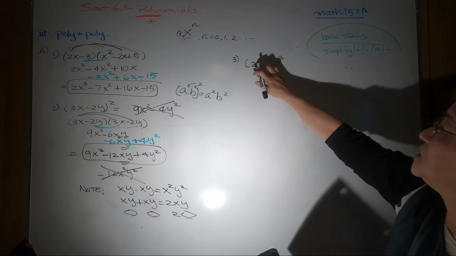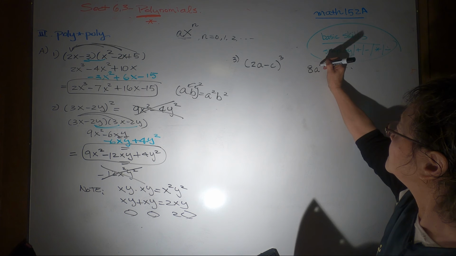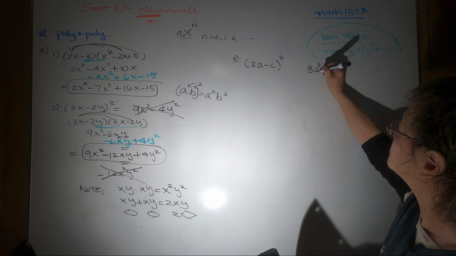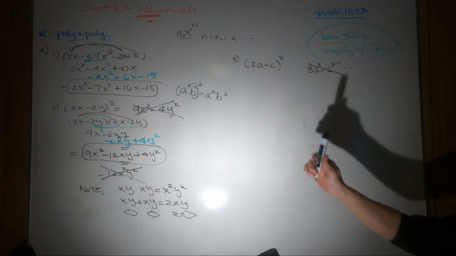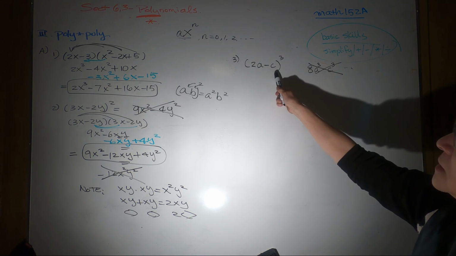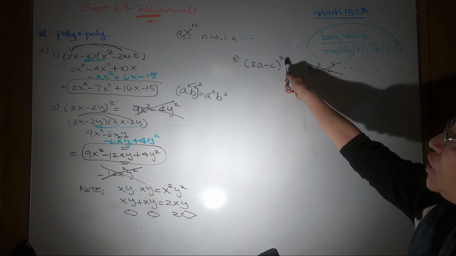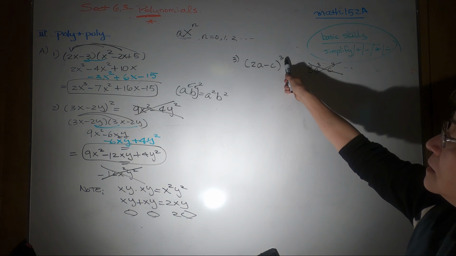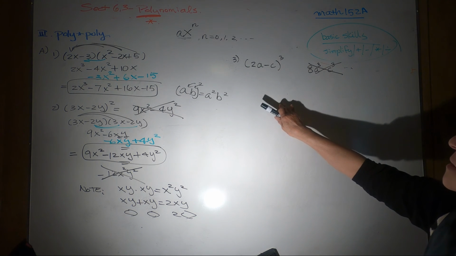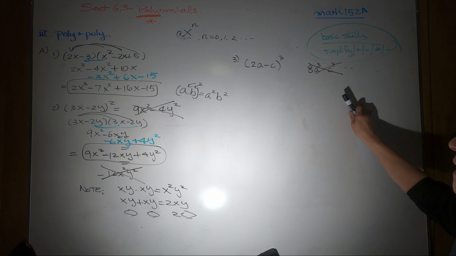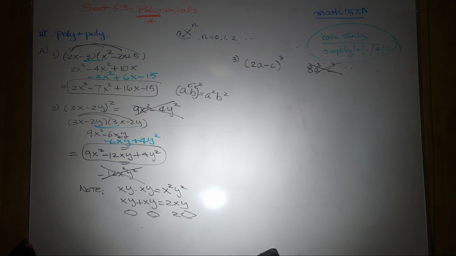You don't distribute and say 8a cubed minus c cubed. Don't do that, because you have two terms. To the cube means two terms times itself 3 times. 2, 2, 2, you should get 8 terms.